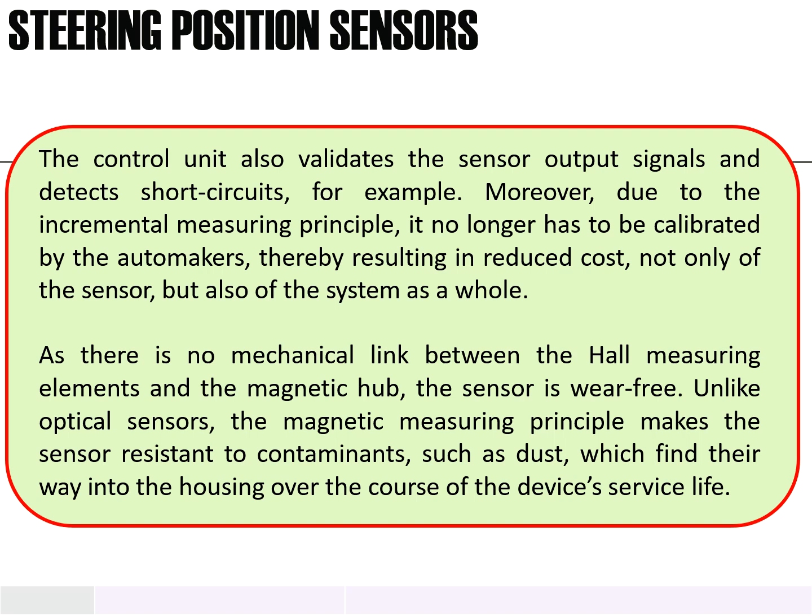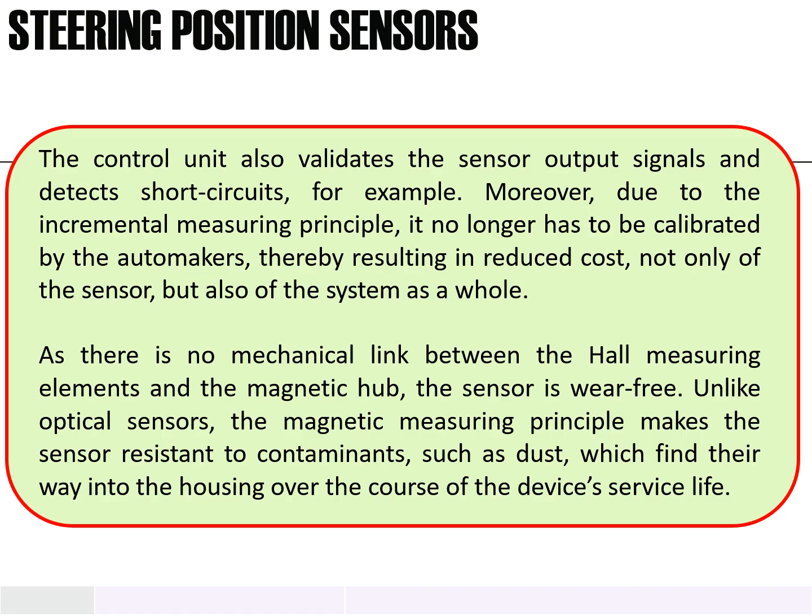Another major advantage of the Hall effect based steering position sensor is non-contact operation. There is no mechanical contact between the Hall measuring element and the magnetic hub. Because of this, the sensor is essentially wear free.